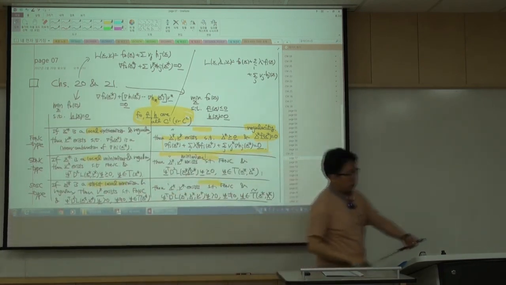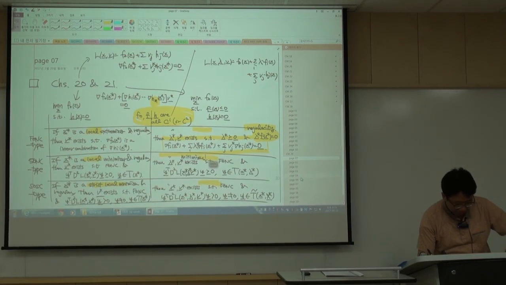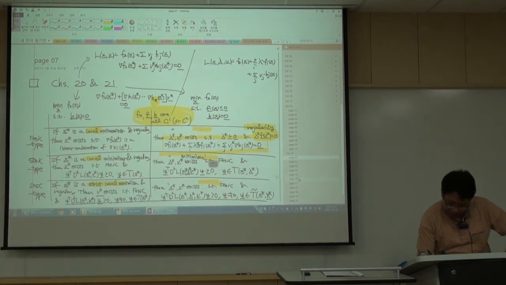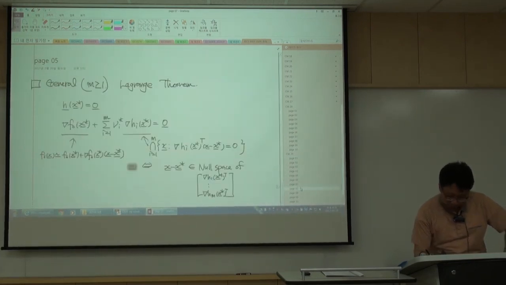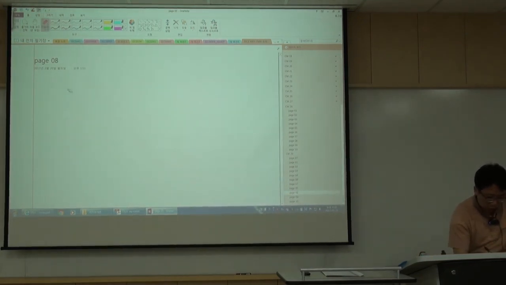Because when we approximate the function, the second order approximation is this one around that x star.